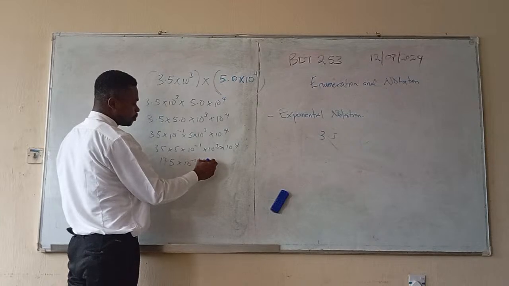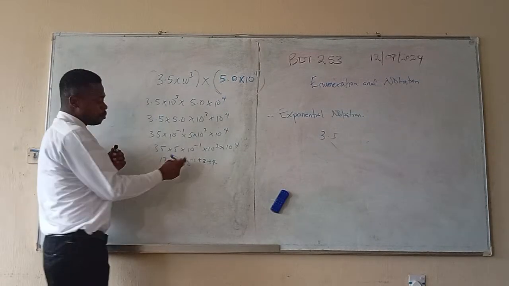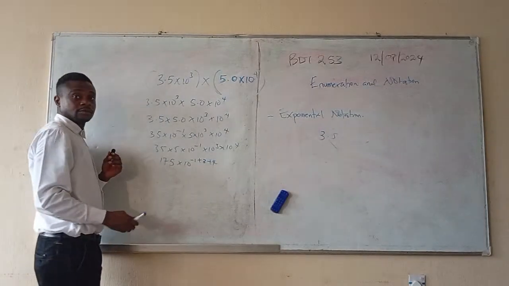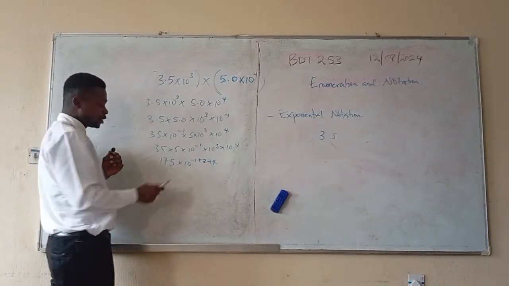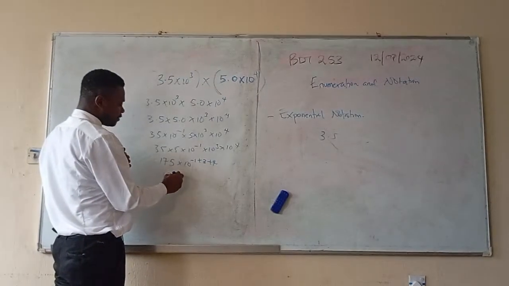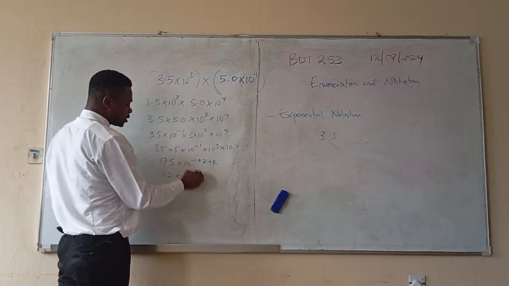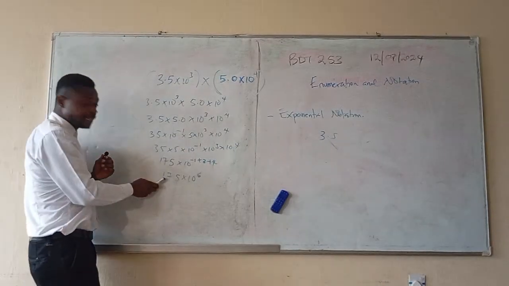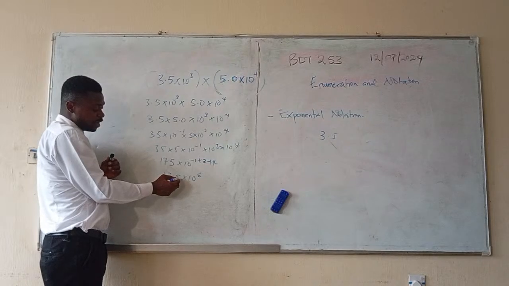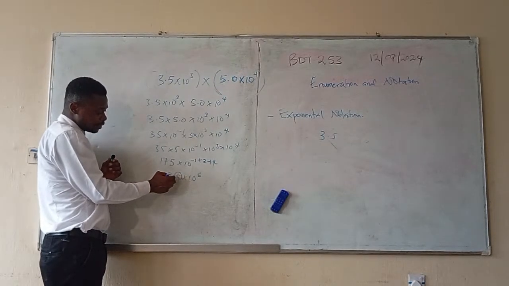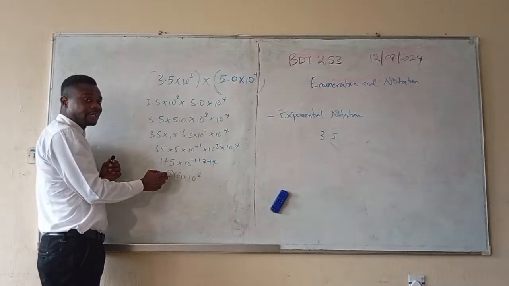Plus 4. Minus 1 plus 3 is what? 2, right? Plus 4 is what? 6. So you have 175 times 3 to the power 6. Remember, you cannot leave it like this. You will do your decimal movement, right? Here from here is what? 1, 2. Are you decreasing the place value or increasing it?